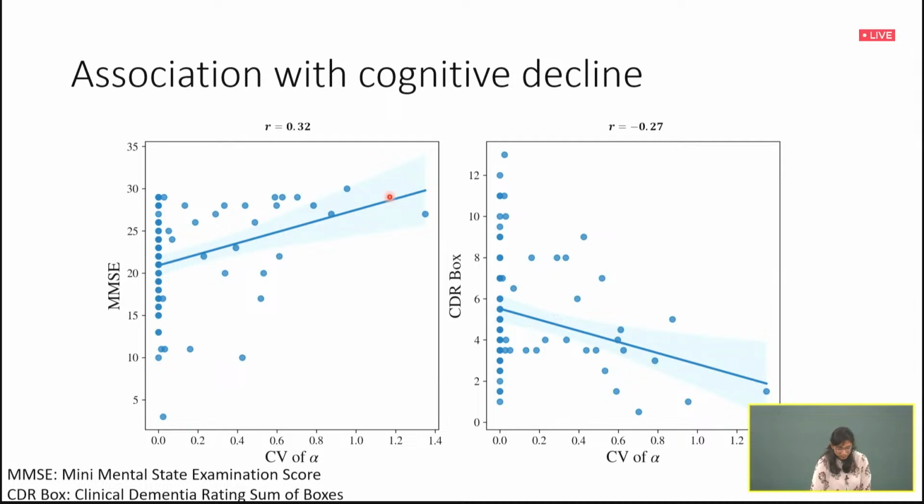I didn't mention the p values here, but I am only showing these because these are significant after multiple testing. It is inversely correlated to another metric of global cognitive decline, which is clinical dementia rating, but those two are inversely proportional to each other.